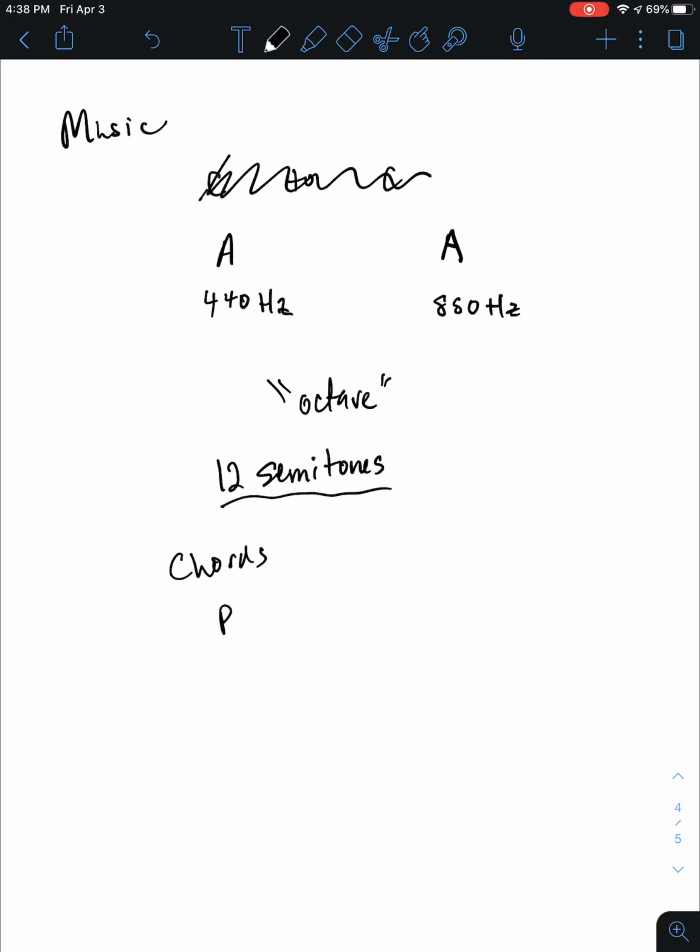And they found that the pleasing chords, pleasing sounds, have rational ratios between the frequencies.